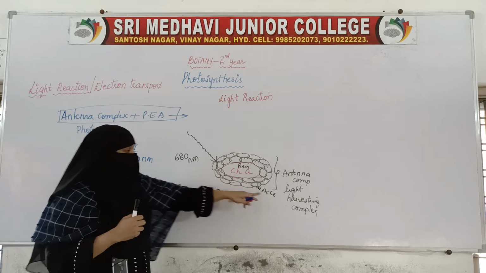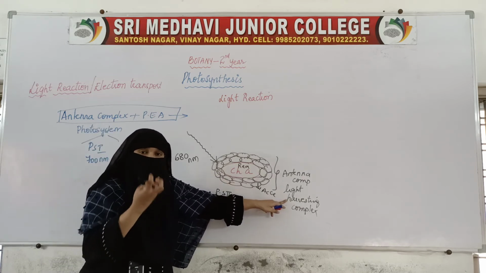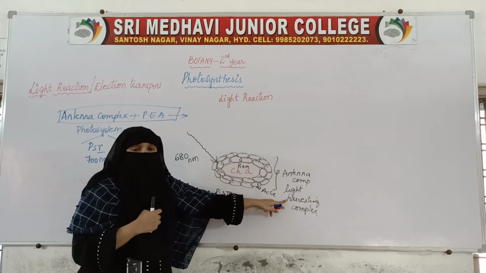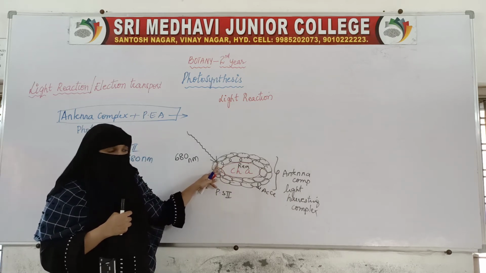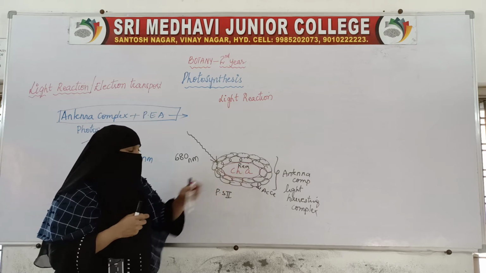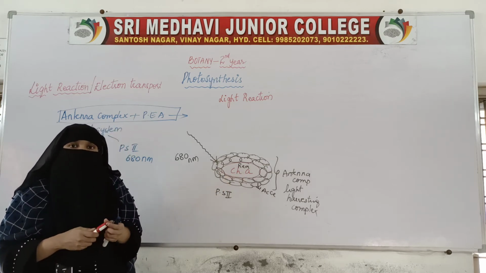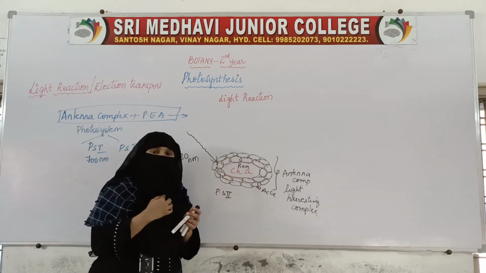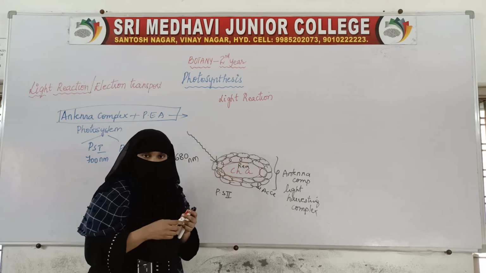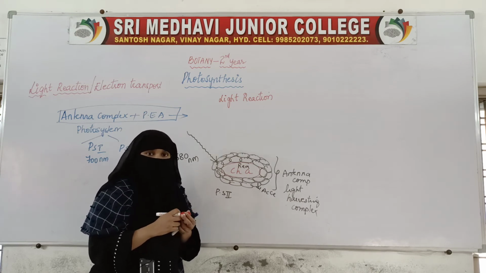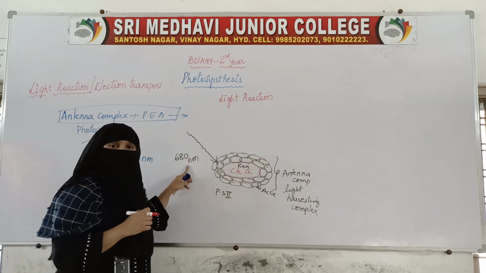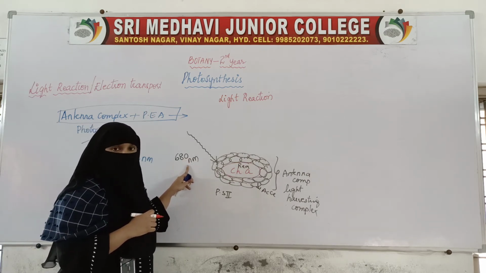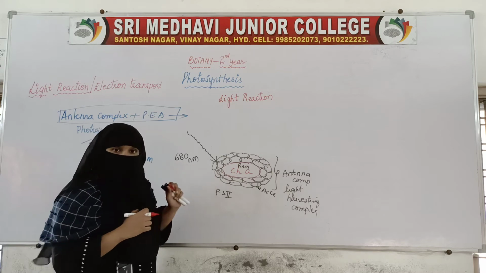These accessory pigments, as well as this chlorophyll A, all of them absorb the energy from the sunlight. So what wavelength does it absorb? It absorbs light of the wavelength 680 nanometers.